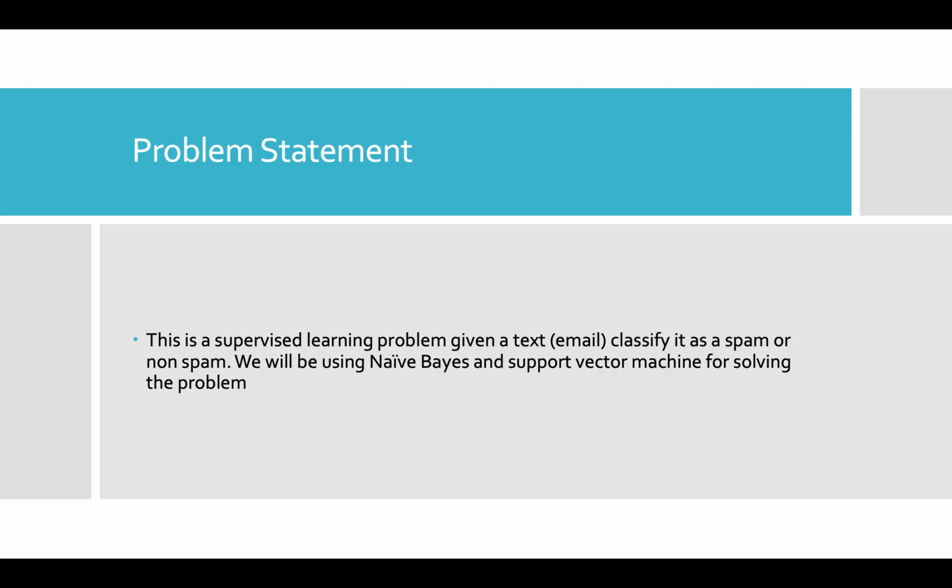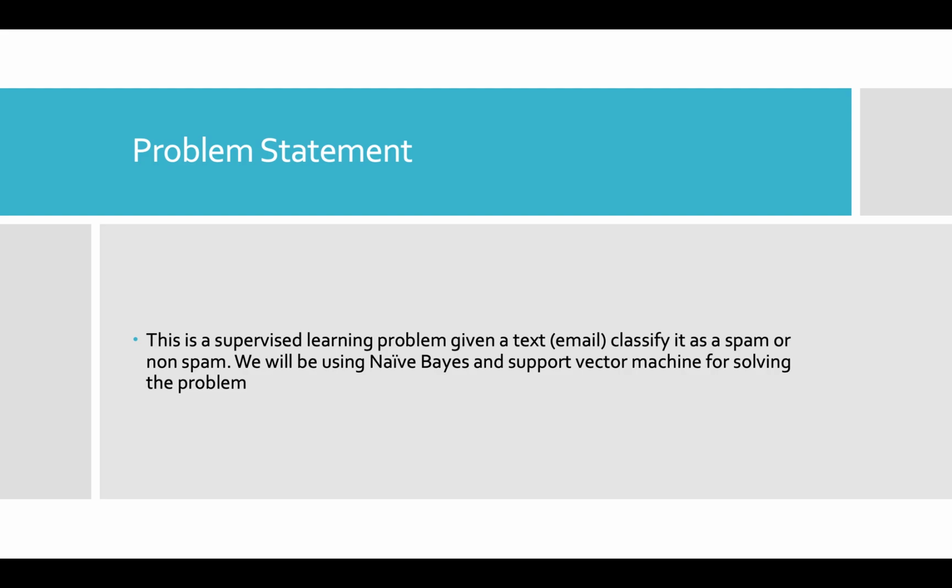Now the problem of spam email classification is a supervised learning problem. In supervised learning we have some data and associated labels, and the data is assigned labels on the basis of some unknown function f, and we try to estimate that unknown function f.